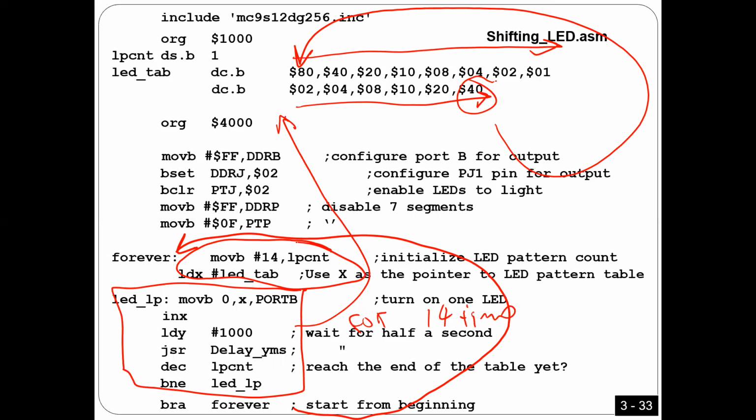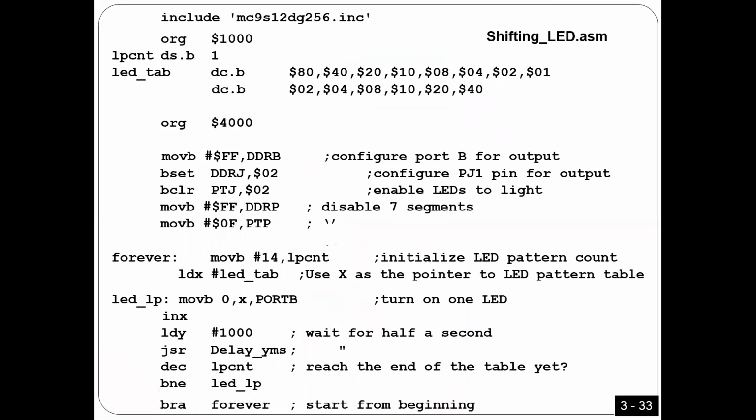So how did you do the initialization? Number 1, as you see here, load X. X was here in the first iteration. Now I'm going to bring X to here after 14 iterations, so that I start from here. What else do I have to do? I have to initialize the count with 14 to make another 14 loops.